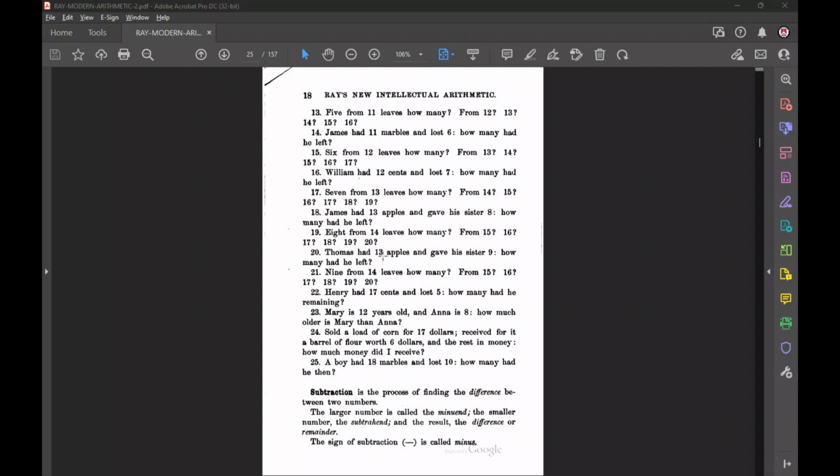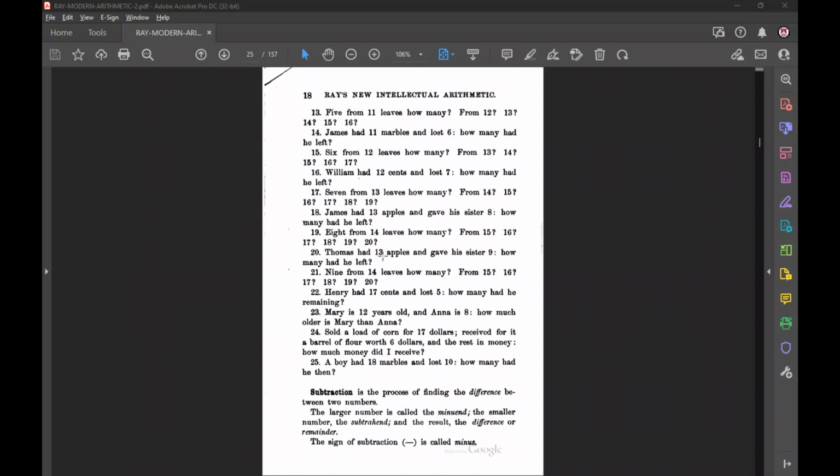Look at your lesson. We just read it. What is the name of the larger number in subtraction? Minuend. Good. What is the name of the result of a subtraction problem? The remainder or the difference. Good.